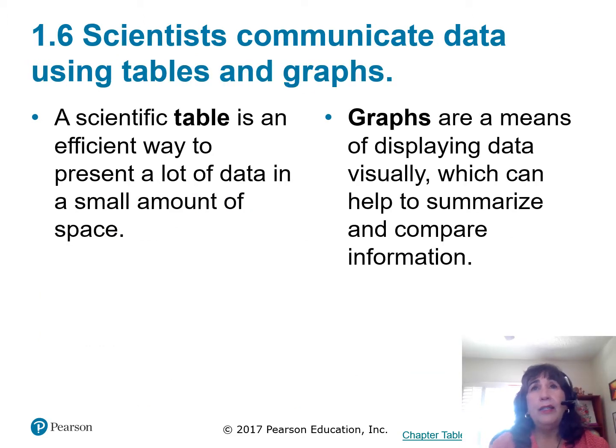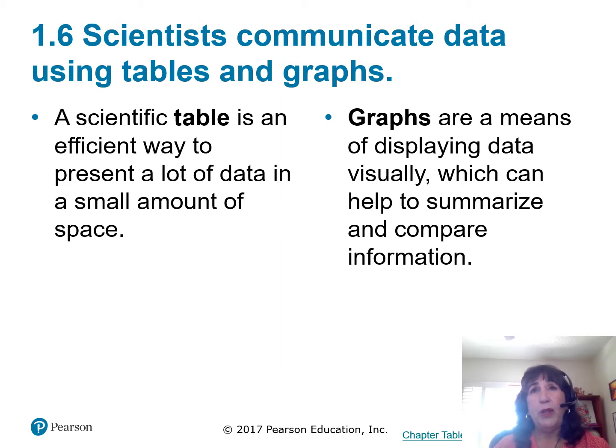Scientists communicate their data using tables and graphs. So when you give your group presentations at the end of the semester, you too will use a table and a graph to represent your data. A scientific table is an efficient way to present a lot of data in a small amount of space.